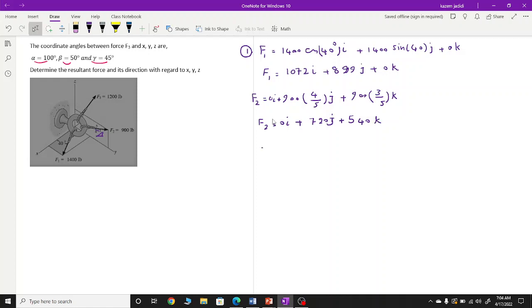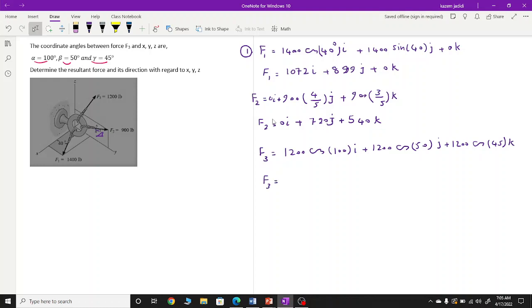540k. And the same with F3, but F3 is easier because alpha, beta, gamma are given. You have to just multiply the force by cosine of each one of those angles. So 1200 cosine 100 is alpha, therefore it's i, plus 1200 cosine 50, which is beta, is j, and 1200 cosine gamma, which is 45, and that's the angle with z, therefore it's k.